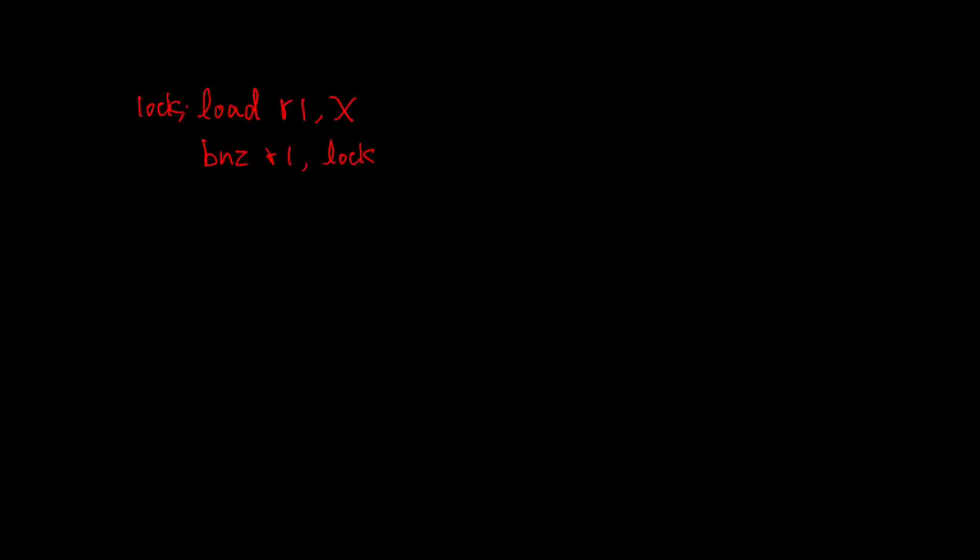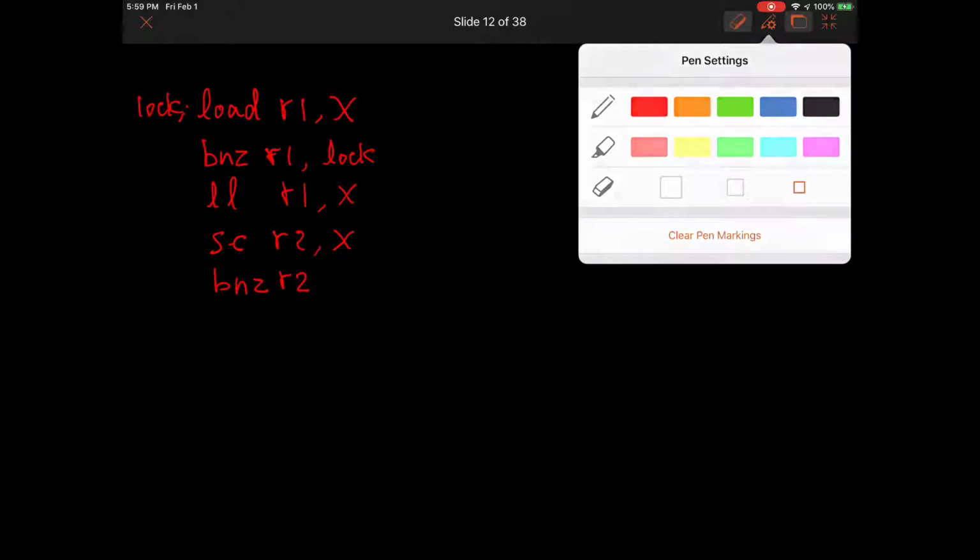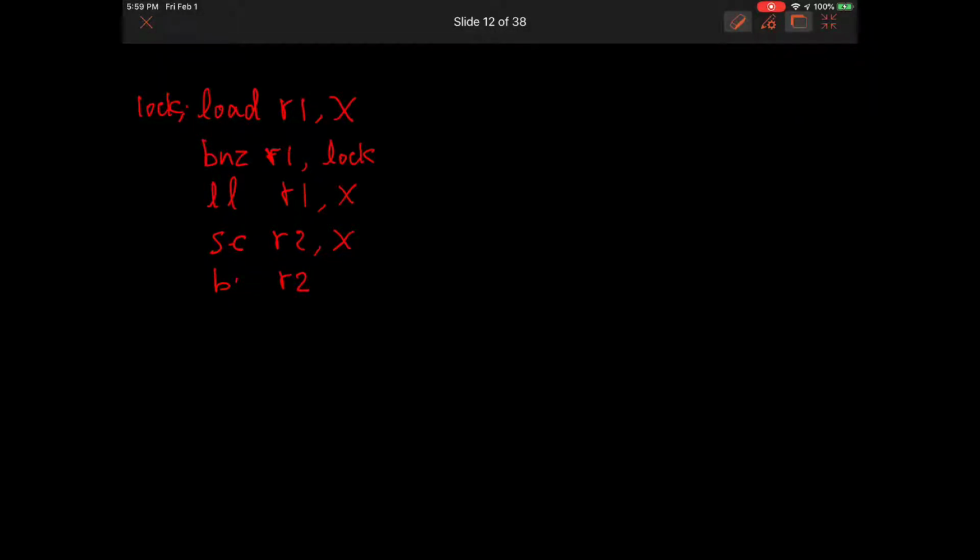And if we're fine, this is a little bit repetitive, I have to load it again. Load link X, store conditional R2 into X, and branch if 0 R2, sorry, branch 0.